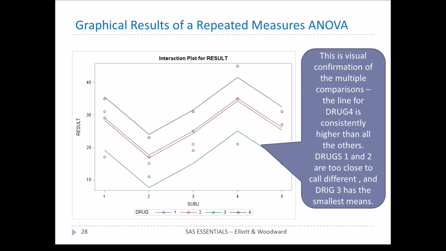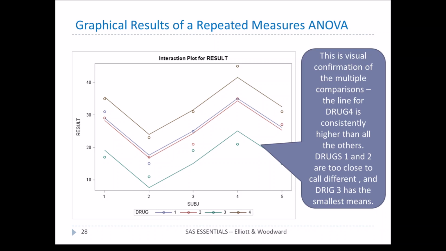One that I like is this graph here, and you can see what this does is, let's look at the green line. The green line is drug 3, and we can see that drug 3 is consistently less than all the other values over subjects. So every subject's value is lower than the results of the other observations.